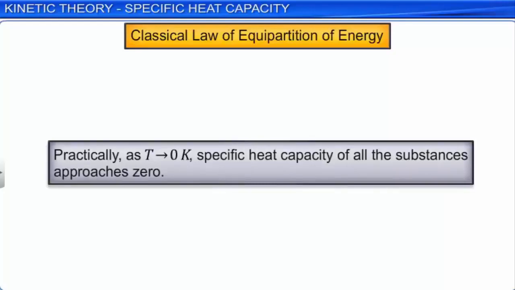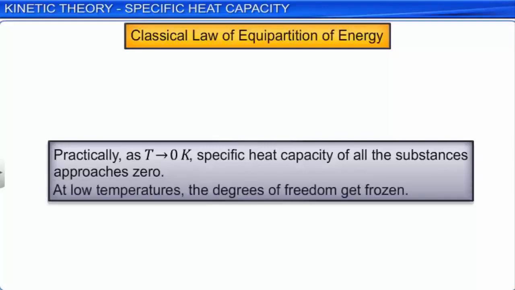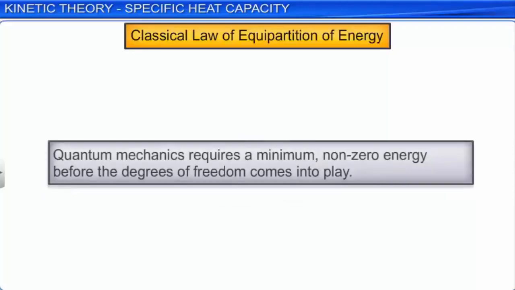As the absolute temperature tends towards zero, the specific heat capacity of all substances approaches zero. This is because at low temperatures, the degrees of freedom get frozen. This was explained by quantum mechanics because it requires a minimum non-zero energy before the degrees of freedom come into play.